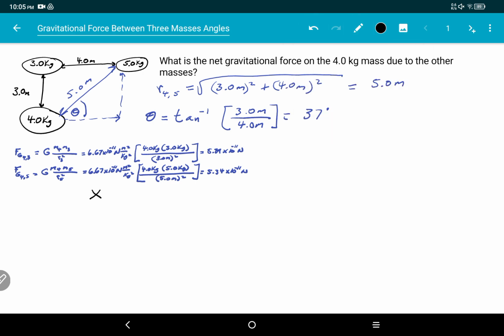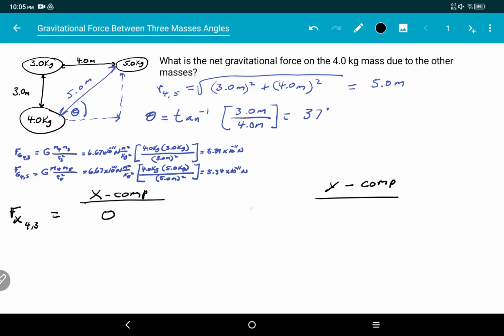No shortcuts. So write x comp, y comp, okay? No shortcuts, write things out. So this is going to be Fx, 4 comma 3. Well, cosine of 90 is 0, so there is 0 force in the x, okay?